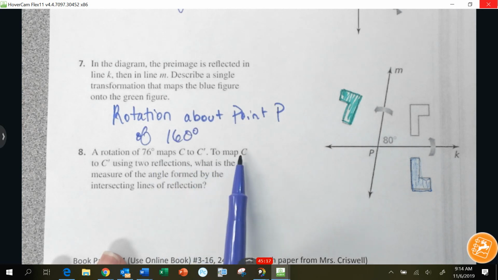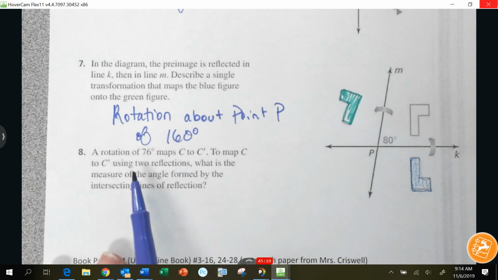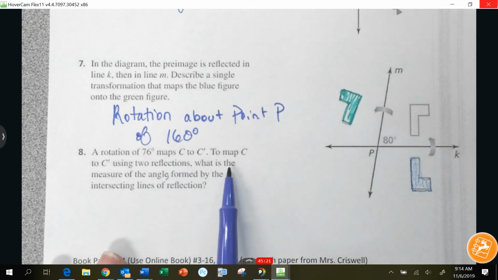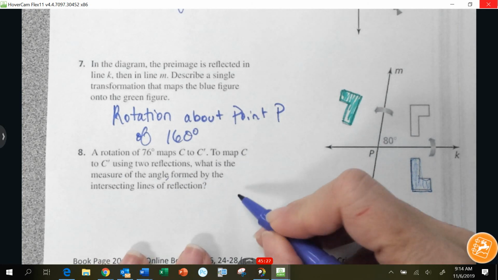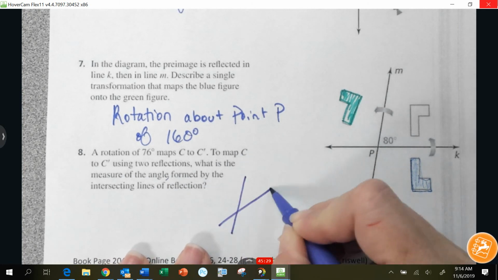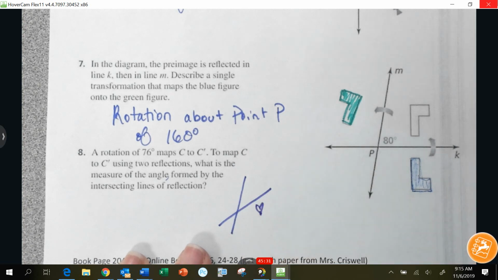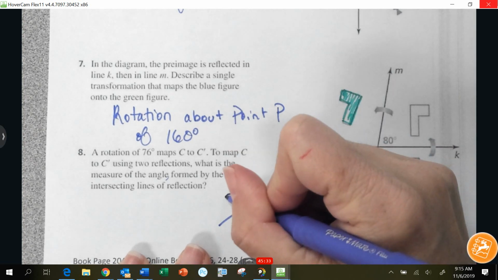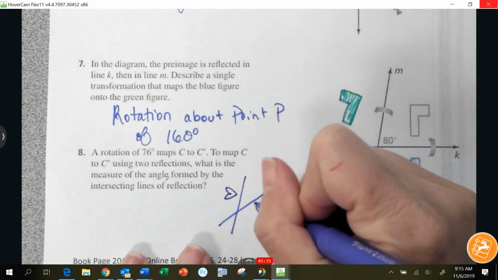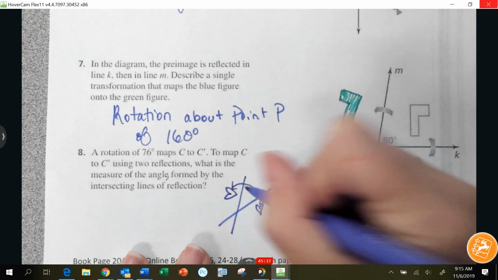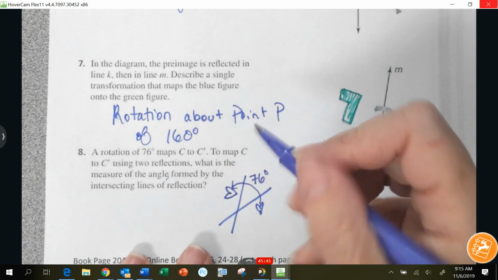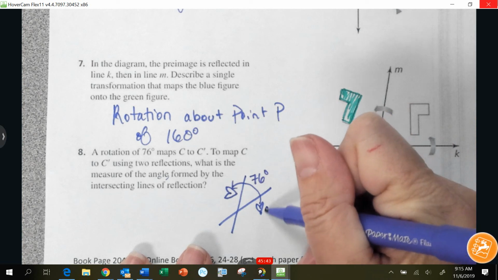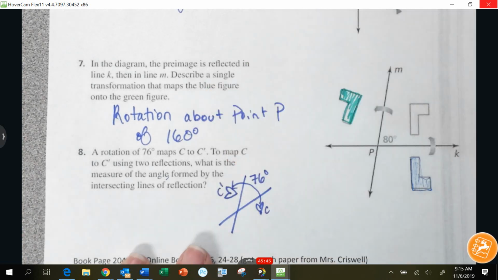To map C to C prime using two reflections, what is the measure of the angle formed by the intersecting lines of the reflection? So this is saying we have two lines and we have some figure here, and then it rotates 76 degrees to go from C to C prime.